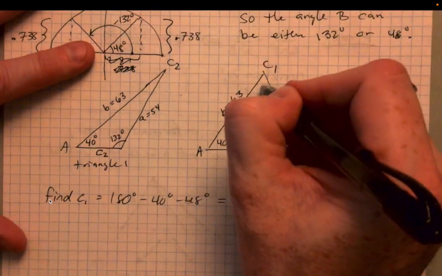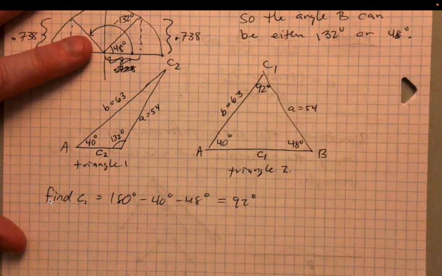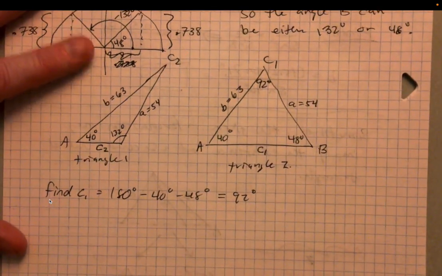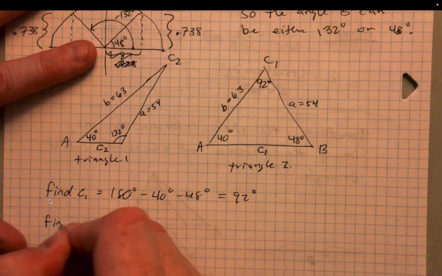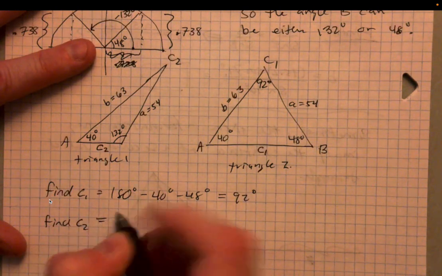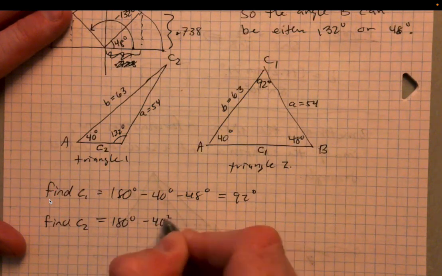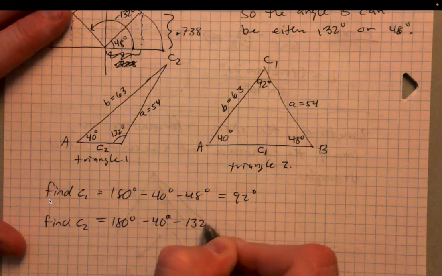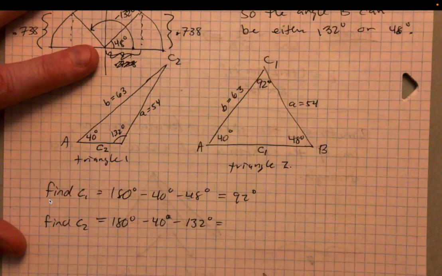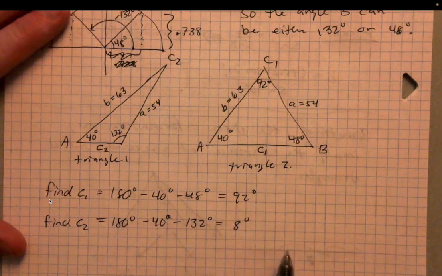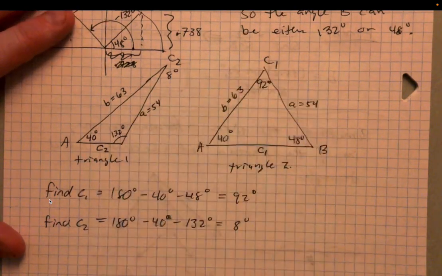So that means up here I've got 92 degrees. Let's find C2 while we're at it. So it's 180 degrees minus 40 degrees minus 132 degrees. And that one is very small. It's 8 degrees. So that makes sense. This is 8 degrees, a very small angle.